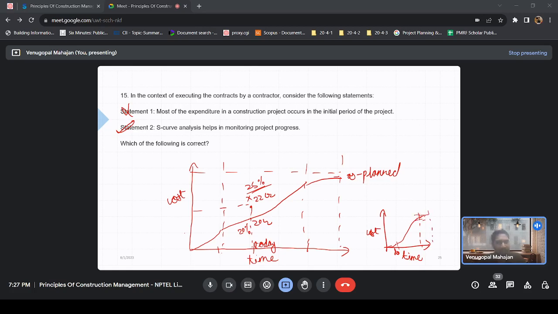So this is the S curve, the usual planned S curve. Then you plot what you have done, what is the cost today, or what progress you have achieved today, and you compare it to monitor the project progress.